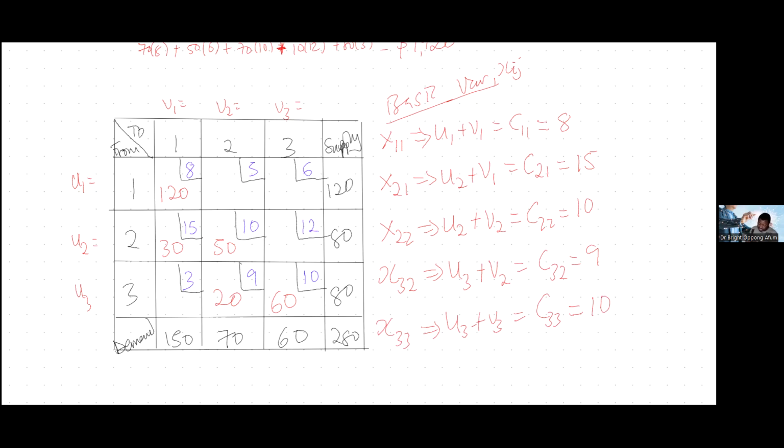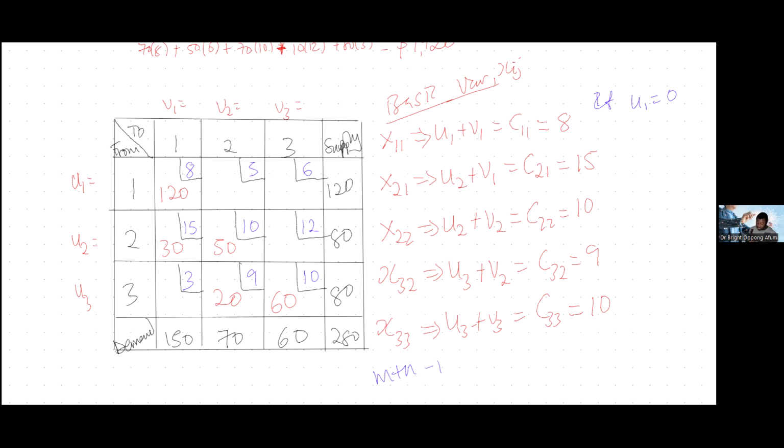All right, so we can now evaluate this. We say that if U1 is equal to 0, so we take one of the unknown values, the Ui's, to be equal to 0. Usually the first one is made 0. Remember that before you do this, you have to check your m plus n minus 1 condition.